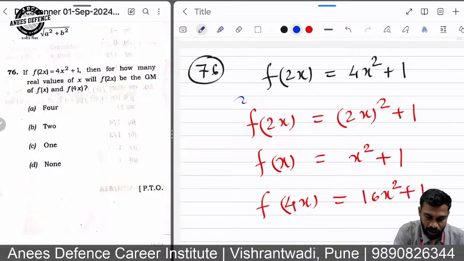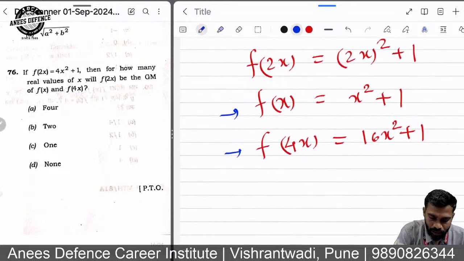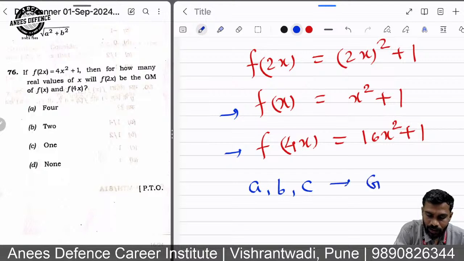Now these three terms, f of x, f of 2x and f of 4x, are in GP. So it means the GM of f of x and f of 4x is equal to f of 2x. We already know that if A, B, C are in GP, then B square is equal to AC.